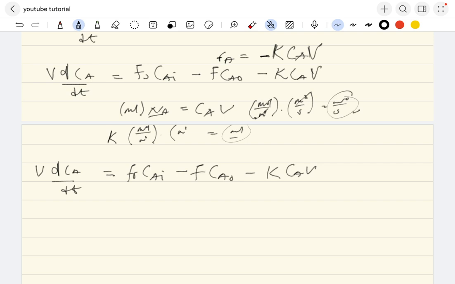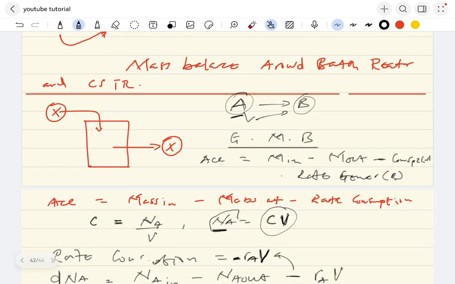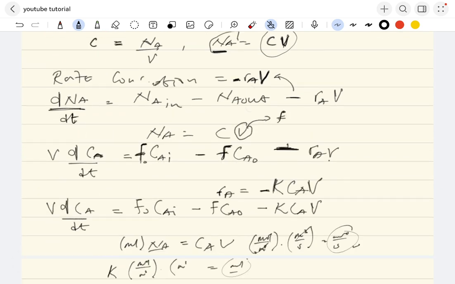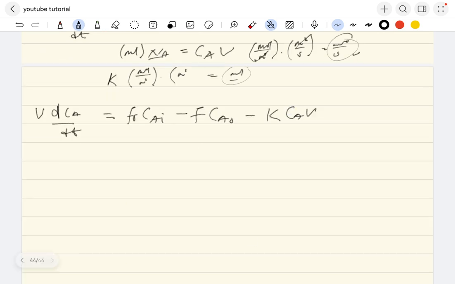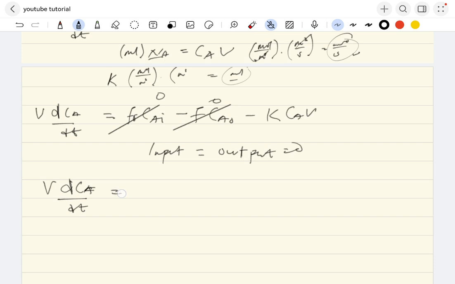But for a batch reactor, as we said earlier, there's no flow, there's no in and there's no out, because input is zero and output is zero. So this is 0, this is 0. So we will simply get dCA/dt equals minus K CAV.